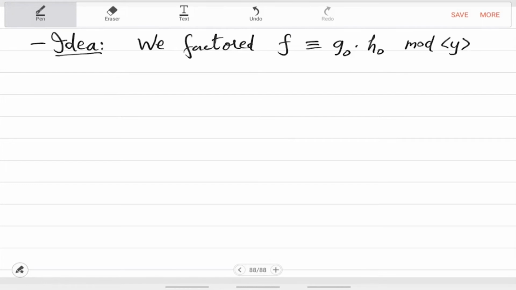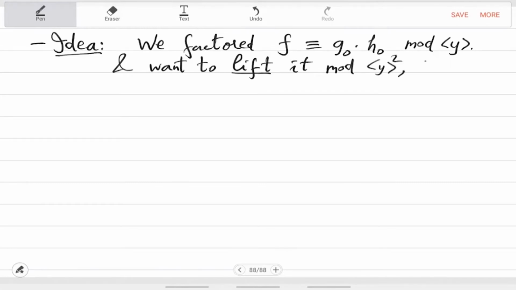That's a univariate, so you factored that by some means, and then you want to lift this factorization mod y square, y4, y8 and so on. So, under what conditions is this possible?